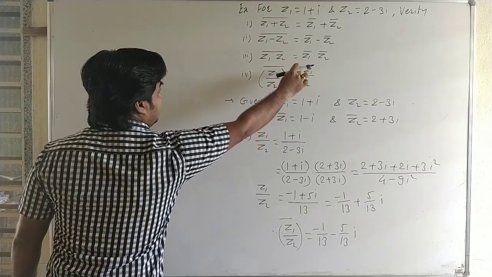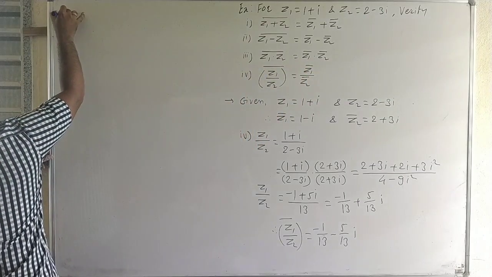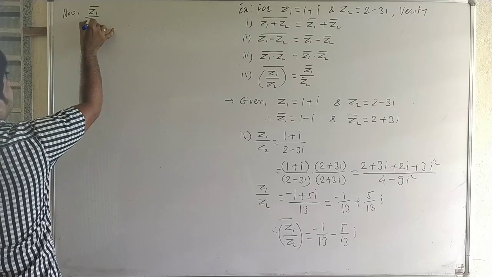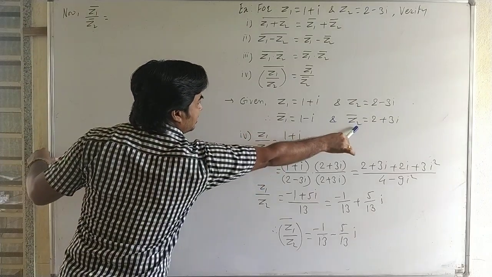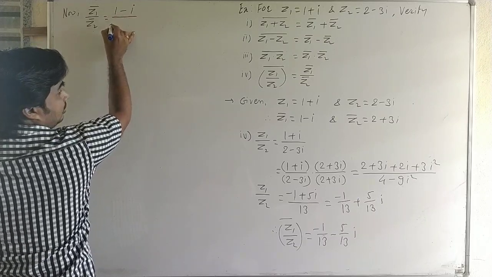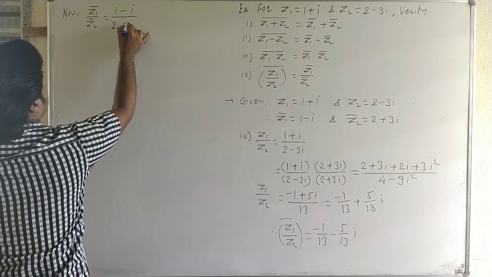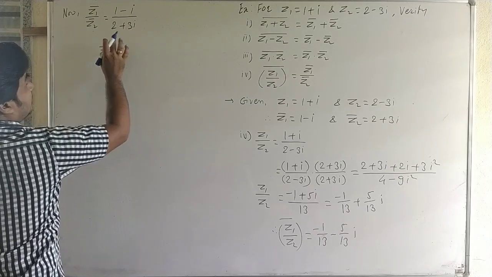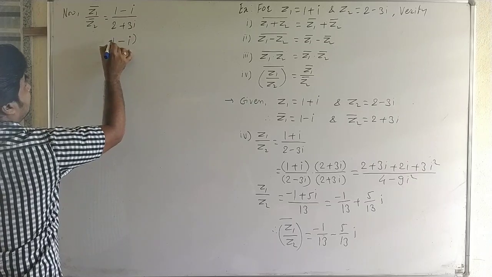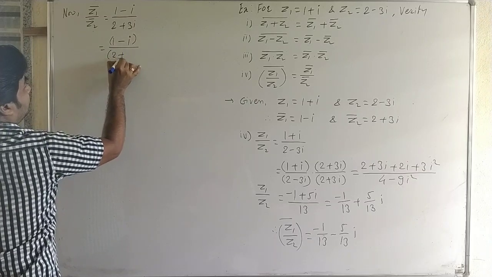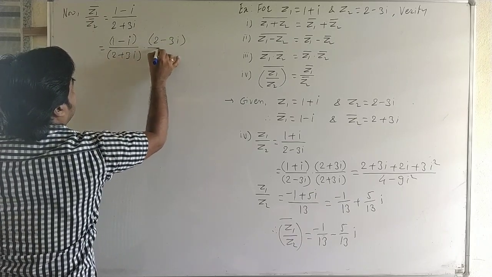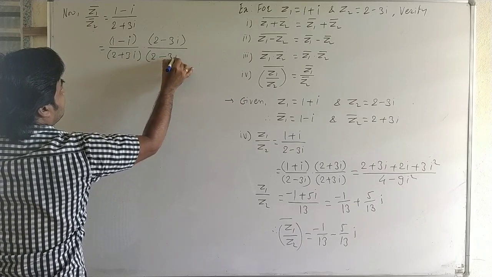Now we find the RHS, that is z1 bar upon z2 bar. z1 bar upon z2 bar is equal to 1 minus i upon 2 plus 3i. Then take the multiplication, multiply numerator and denominator by the conjugate of the denominator, 1 minus i upon 2 plus 3i into 2 minus 3i upon 2 minus 3i.